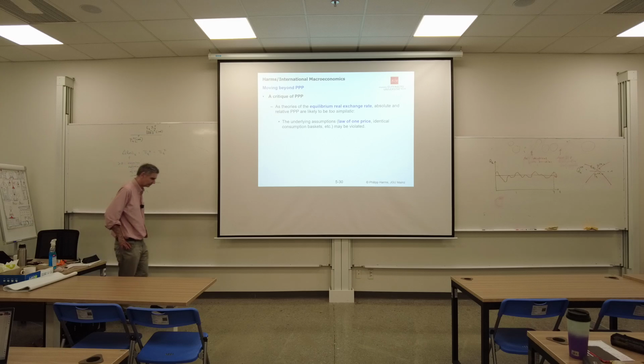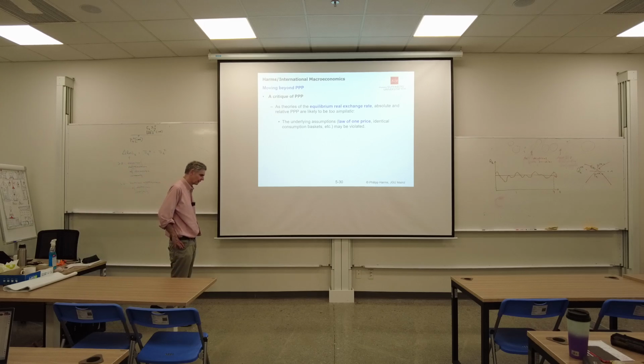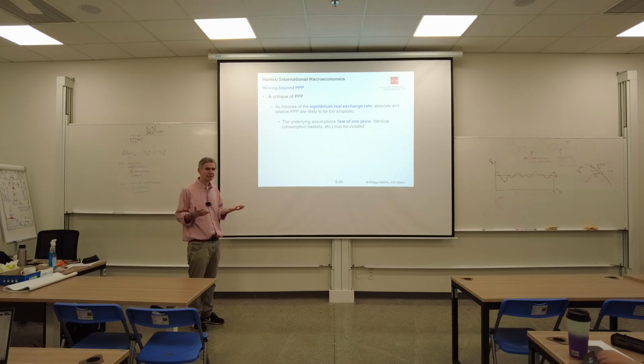So it goes back to the law of one price, and we have all reasons to believe that the law of one price holds for some goods, but it doesn't hold for other goods. Why? Well, because goods arbitrage may be costly. In some cases, it might be outright illegal, right?